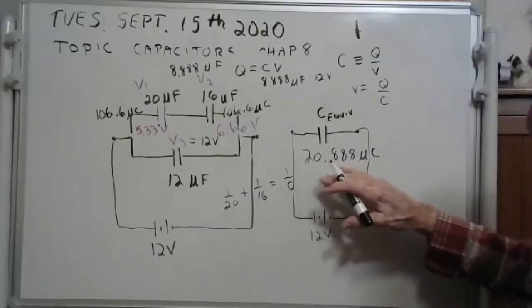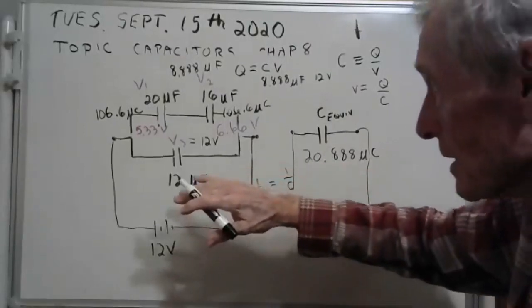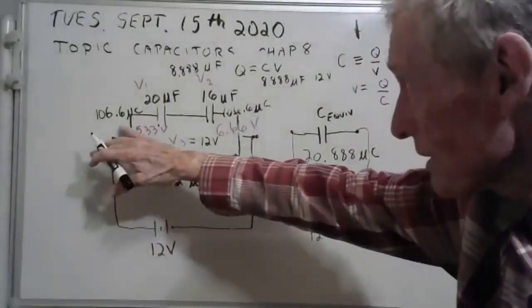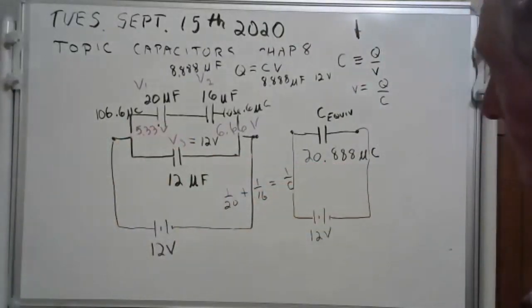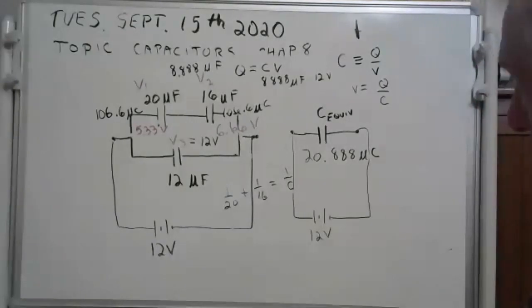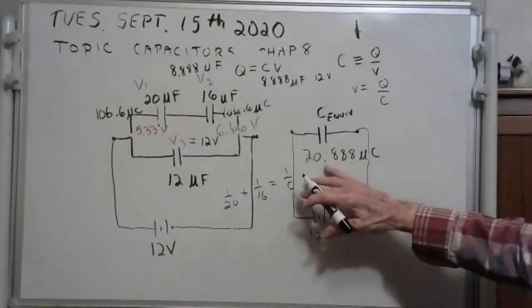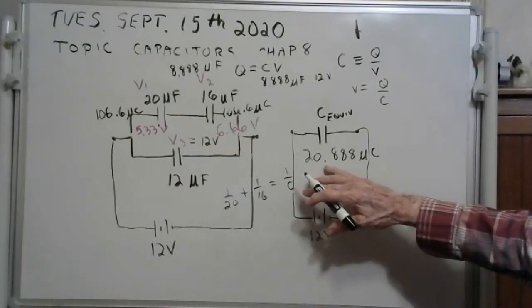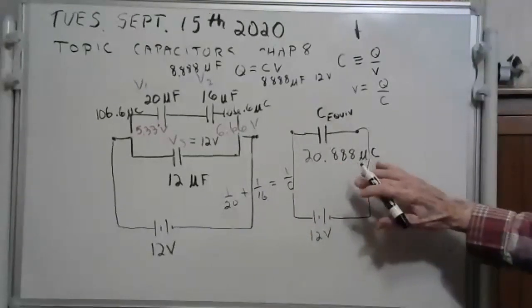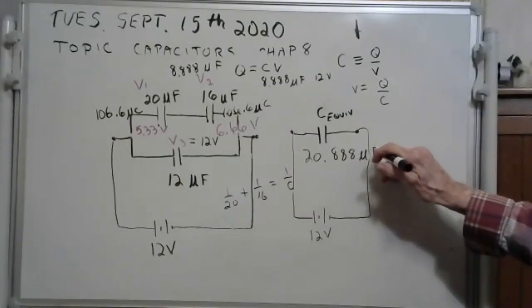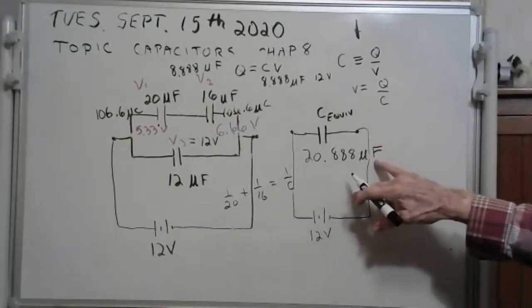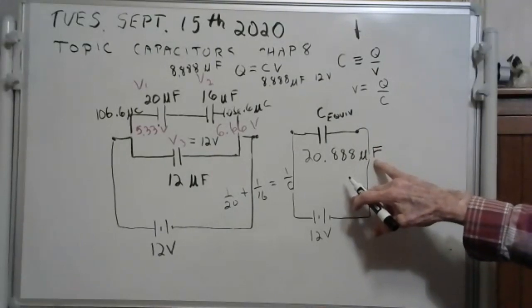That's the total charge. You have 106 going into here. How do you figure that out? Now, did I do that right? Is this right? That should be capacitance. Yeah, that should be farads. Somebody made me change that. Shame on you.